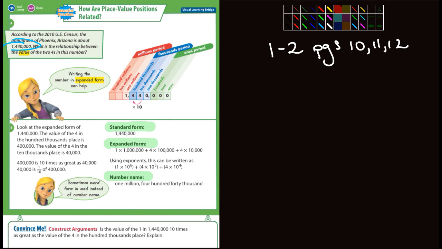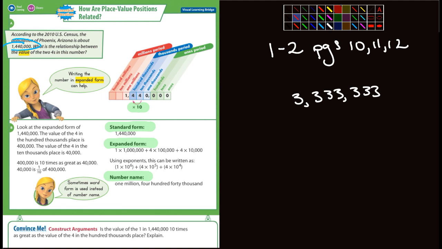Okay. So what is the difference or the relationship between the two fours there? Well, they kind of answer that question. The difference between the two is times 10. In fact, in place value, if the numbers are the same, so if I was to write a number here like, let's say, 3,333,333, okay?